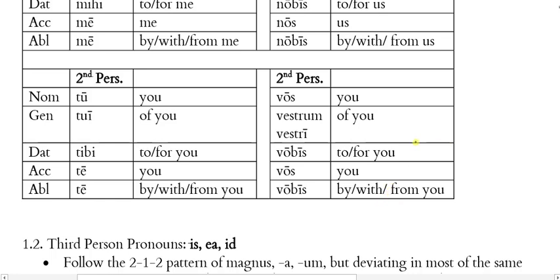So you have already seen some of these forms in our exercises and examples. We've had me, for example, and te in expressions. Amabo te, for example, we've translated that as please, but it means I will love you, right? So we've seen some of these already.